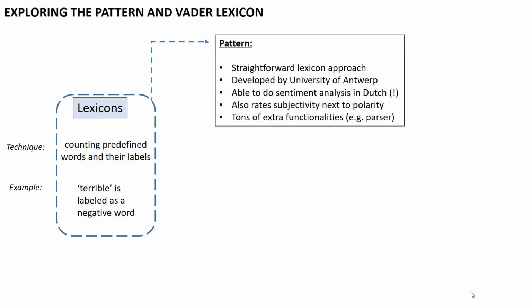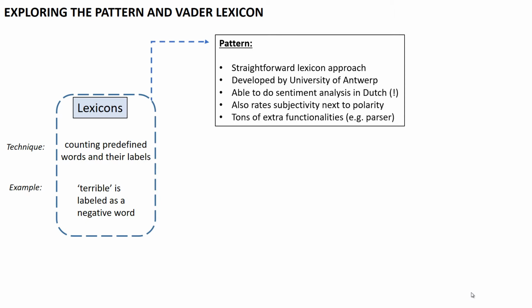First, we will take a look at the pattern module. The pattern module is a straightforward lexicon approach developed by some people of the University of Antwerp, so it's developed in Belgium. Something which is pretty neat is that you can do sentiment analysis in Dutch with pattern, which is not that common. Most modules are made to analyze English language texts. Next to a polarity score between -1, very negative, and 1, very positive, it also gives you a subjectivity score.